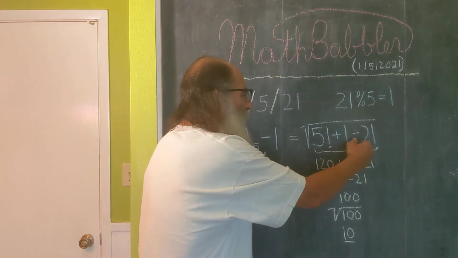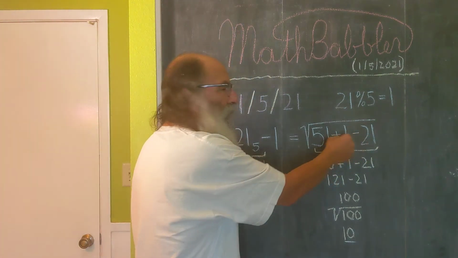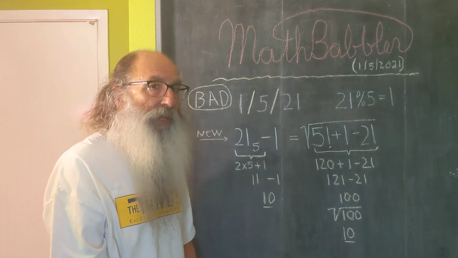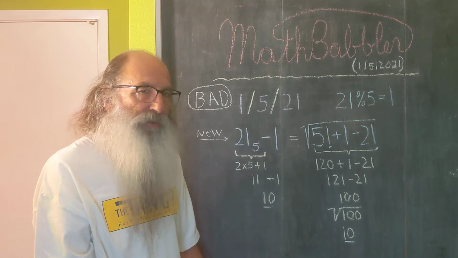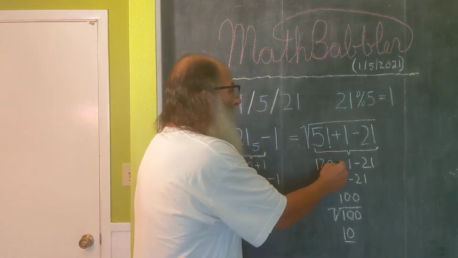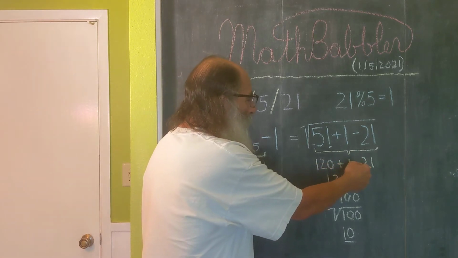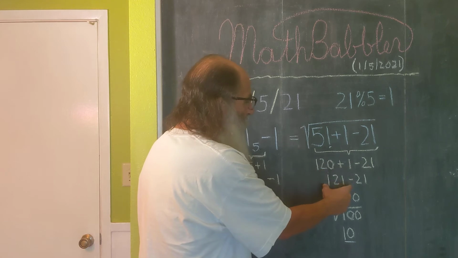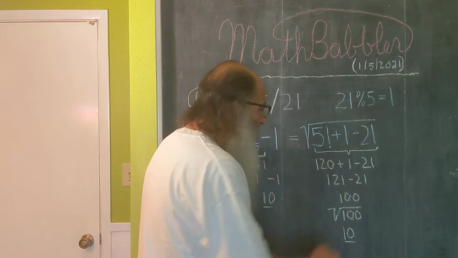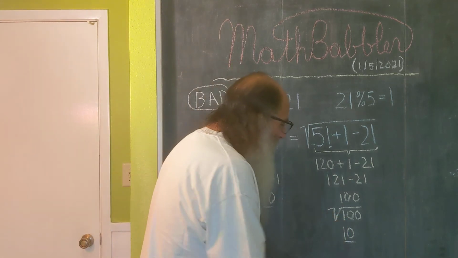Now the rest of the expression, just left to right, because these two operators, addition and subtraction, have the same precedence, the same order of operations. So 120 plus 1, take away 21, gives us, well, this one here is 121, take away 21 gives us 100. When we take the square root of 100, we get 10.